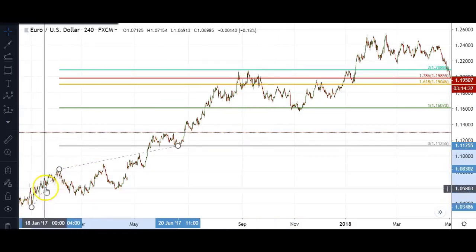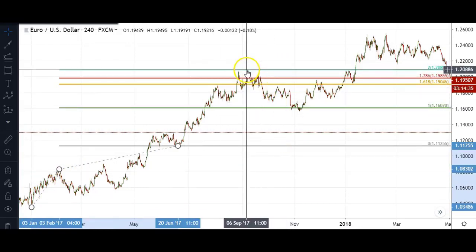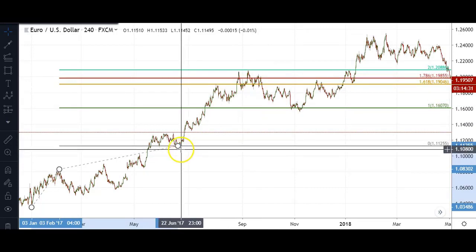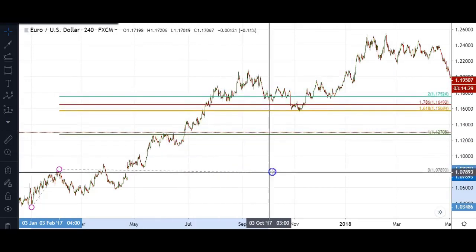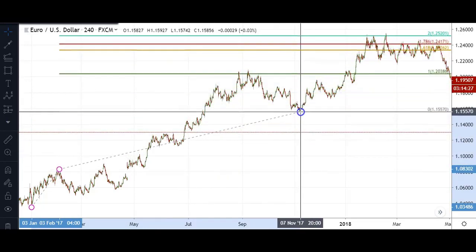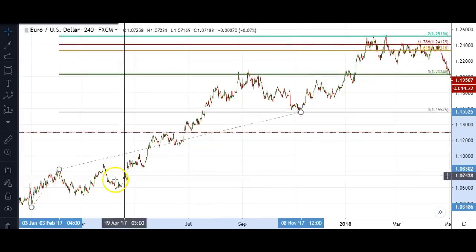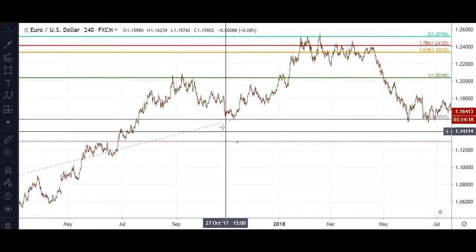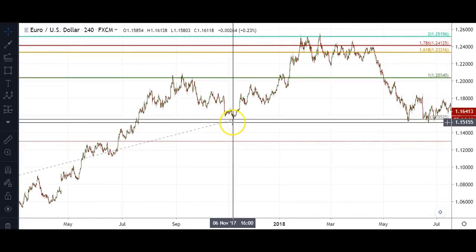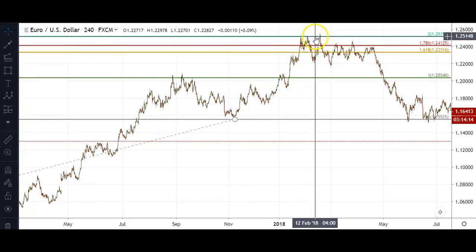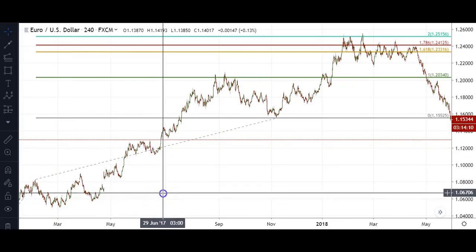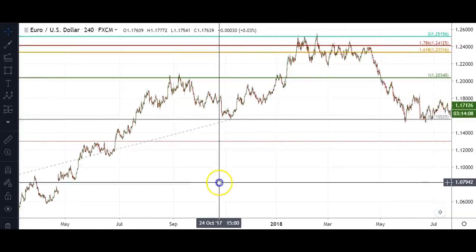But again, just using this first range here, and this correction lasted for about a couple of months. And what's really interesting to note here is that if you apply that first range to the last bigger correction, you'll see that price ended at the 200% extension from only using this first little range over here.